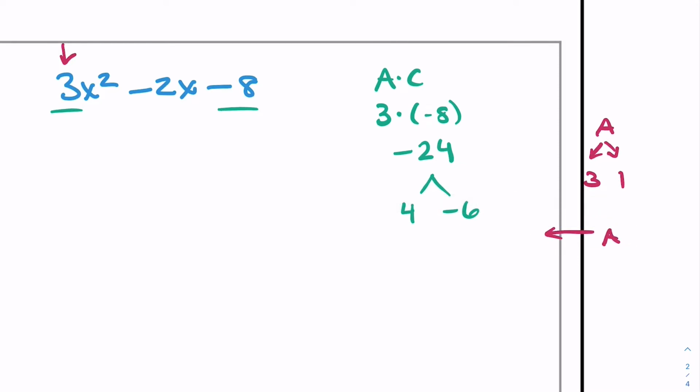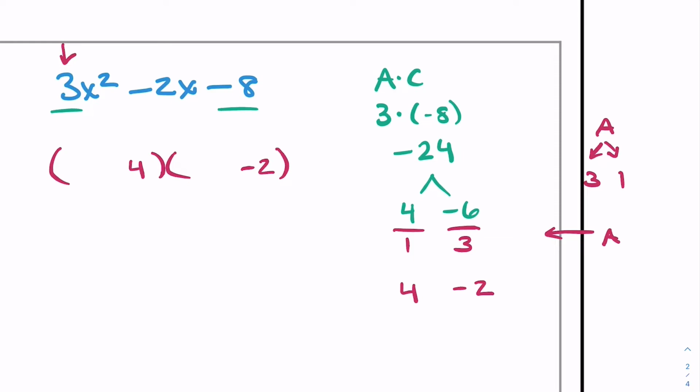Well, 3 wouldn't go here. That wouldn't work out. Instead, I'll divide this by 3 and this by 1, which gives me a 4 and a negative 2. Voila. To get a negative 6 and a positive 4, I have to put my 4 and my negative 2 in its place. So put it wherever you want, 4 and negative 2.